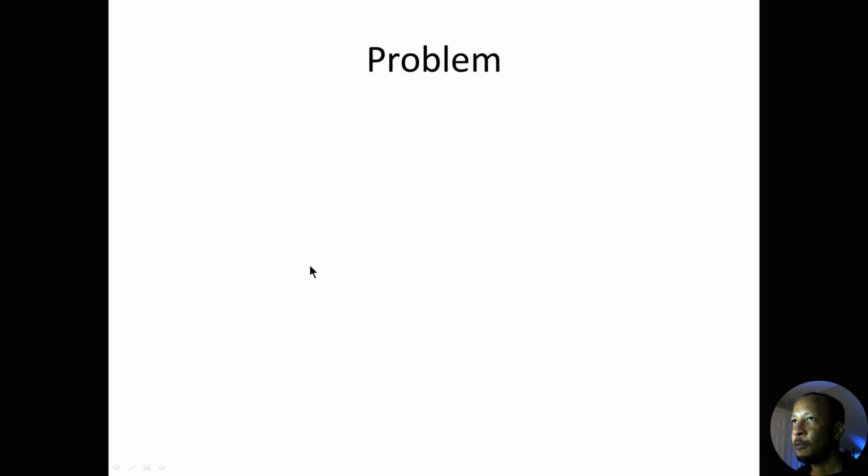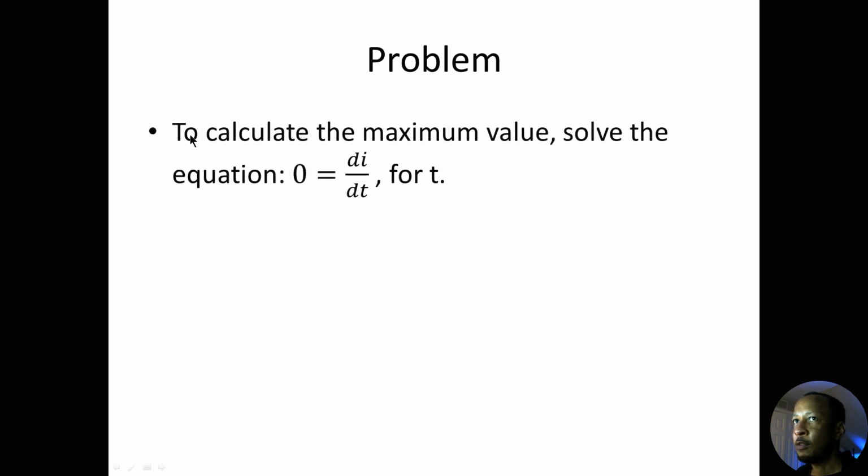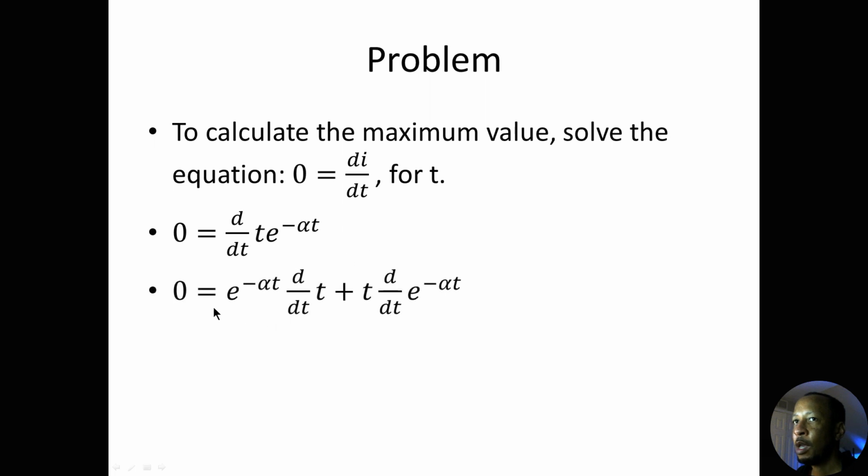But going further into the analysis, to calculate the maximum value, solve the equation 0 equals di/dt for t. So we have 0 equals d/dt of t e^(−αt). Then 0 equals e^(−αt) d/dt of t plus t d/dt of e^(−αt).